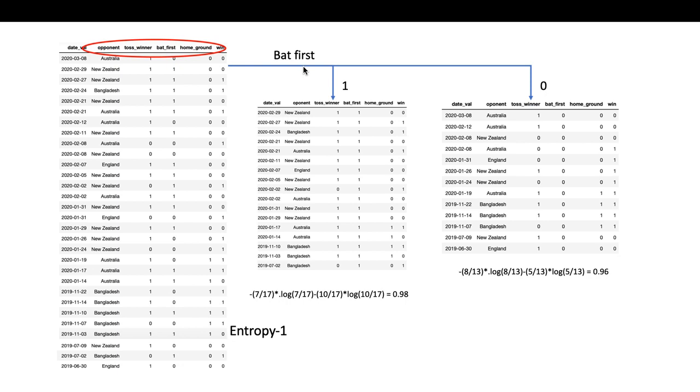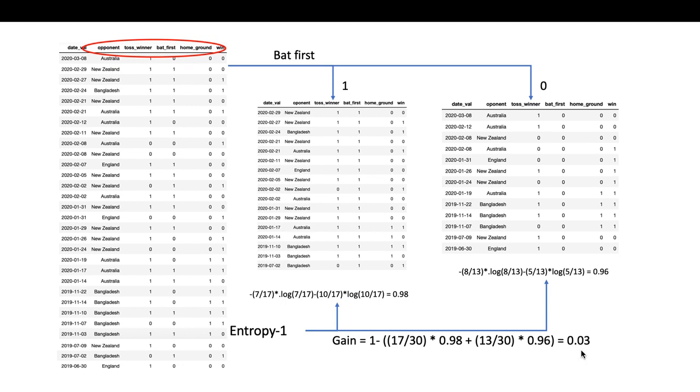If we split by this, do we have a gain in entropy? We have to consider both the splits. This is the formula to calculate the gain, that is the original entropy minus the summation of these two entropies, and we see that the gain is 0.03, some amount of gain.